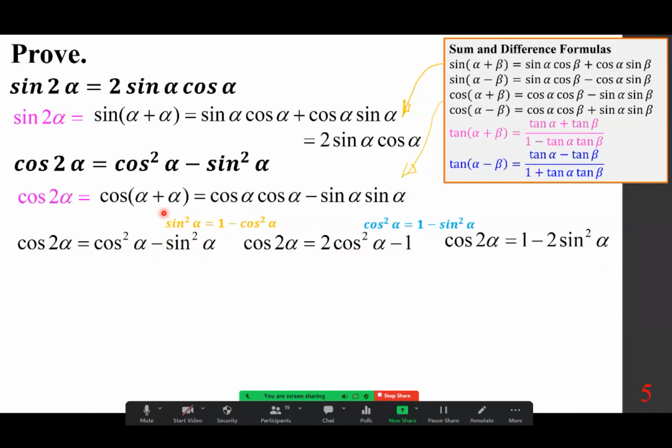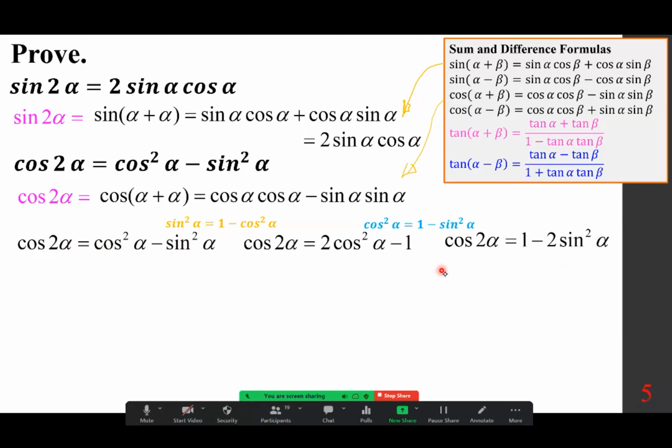If you replace the cosine squared with 1 minus sine squared, we get 1 minus 2 sine squared. Those 3 are extremely important and they come very handy. But this is the one we proved with cosine of 2 alpha, and using Pythagorean identities, we can expand it.